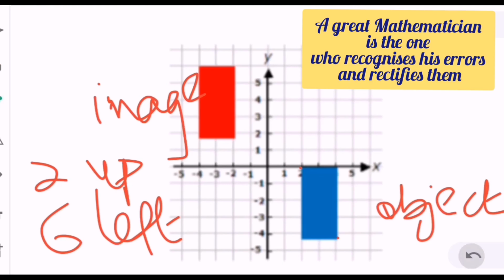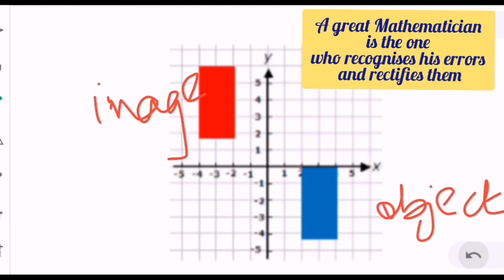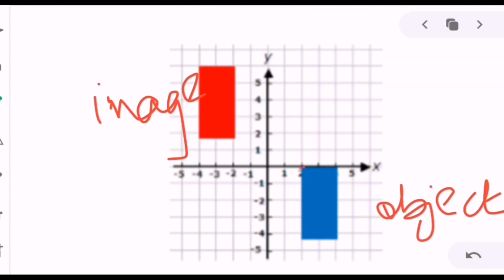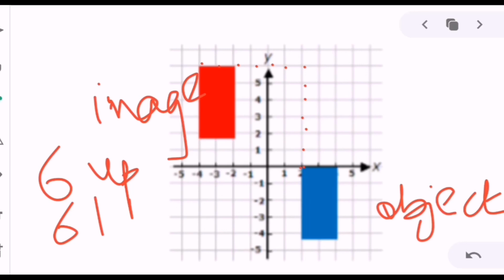So let's go back there. It's not 2 up. Let's try that again. We are here. We are going to have 1, 2, 3, 4, 5, 6. So it's 6 up. Then we go to the left: 1, 2, 3, 4, 5, 6. 6 left. Very good. This is perfect now.